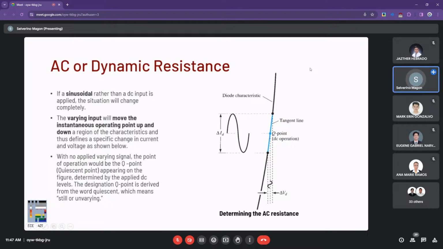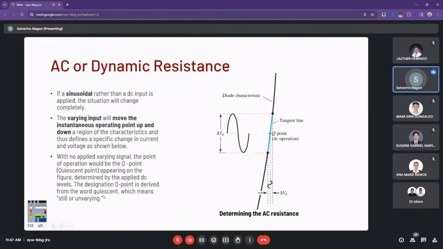With no applied varying signal, if you don't have the AC component, you have a pure DC in your input. Then you have that middle point, which you call the quiescent point or the Q point.